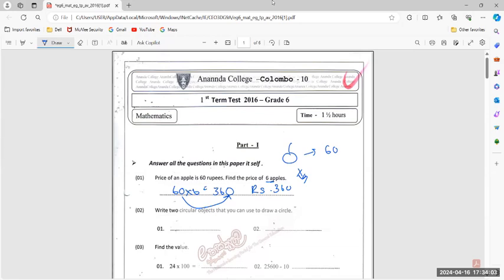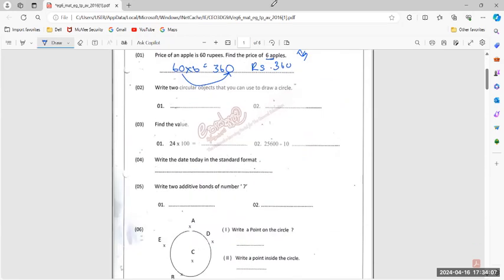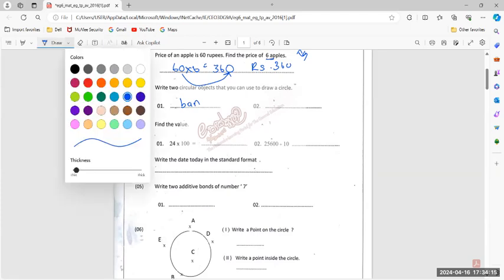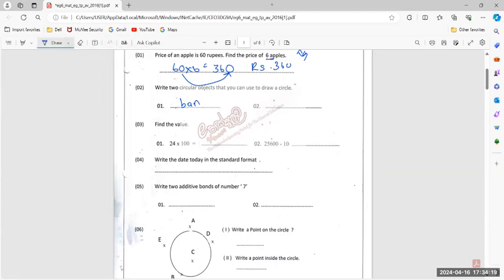Right, two circular objects you can use to draw a circle: a bangle, a ring. So whatever has a circular surface, you can use it to draw a circle.